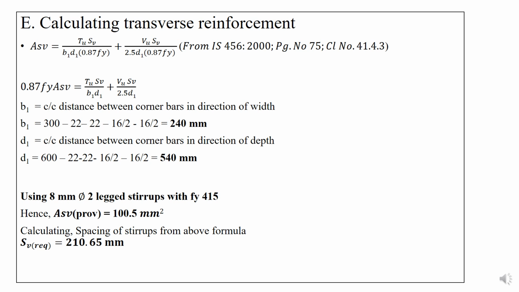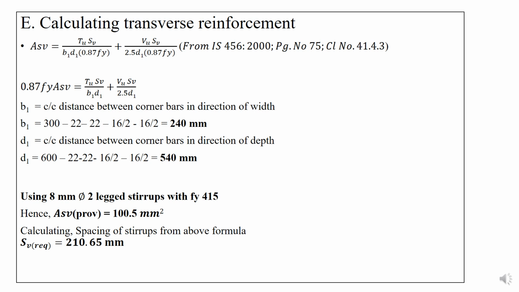Now in this particular problem, the B1 and D1, that is center to center distance between corner bars in direction of width and center to center distance between corner bars in direction of depth, this is computed by using nominal cover, where B is subtracted by 22 from left and right hand side respectively.